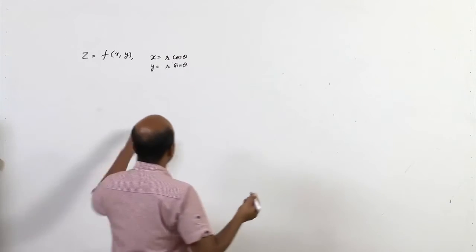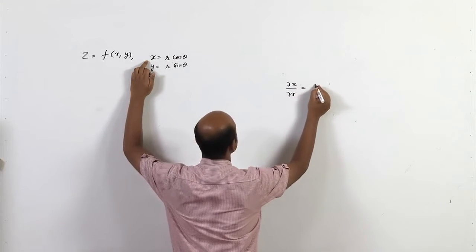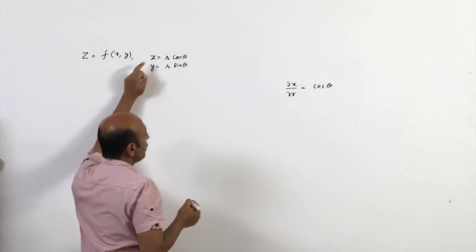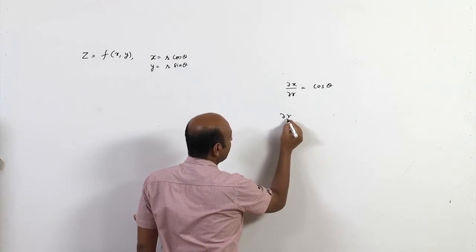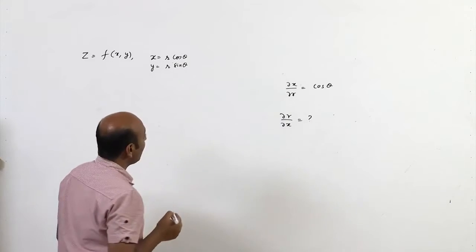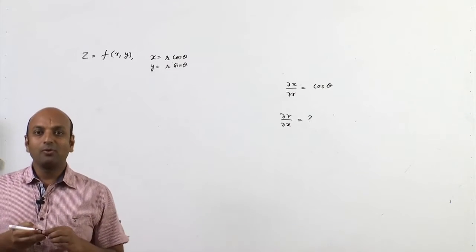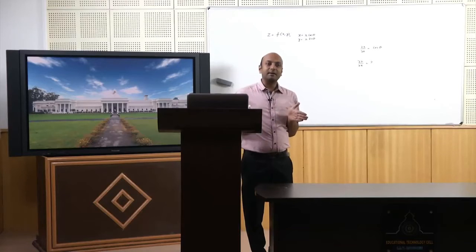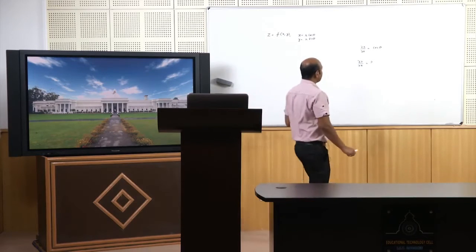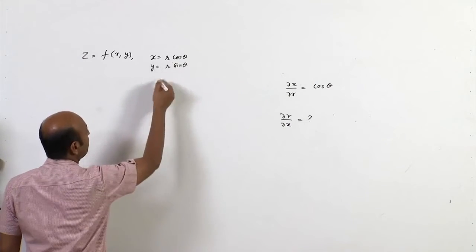Let us see what is del x by del r from here. It is cos theta. Okay. Now, if you want to compute del r by del x, what it will be? Now, we can't compute del r upon del x from this equation. We first have to express r in terms of independent variables. Now, for r, independent variables are x and y. So, what will be equation of r in terms of x and y?